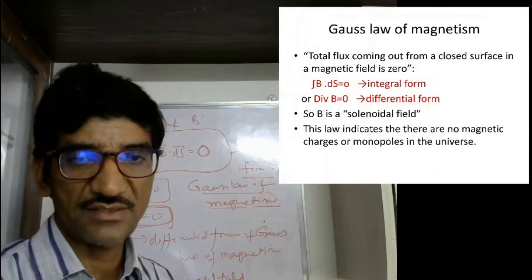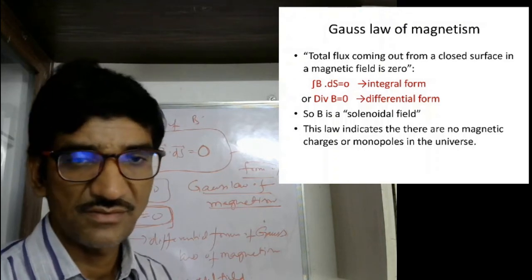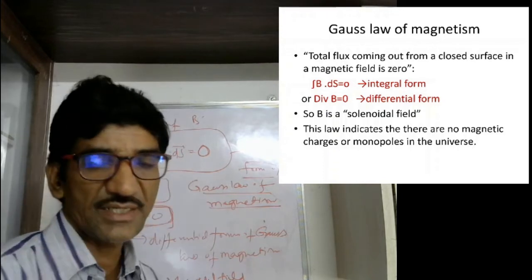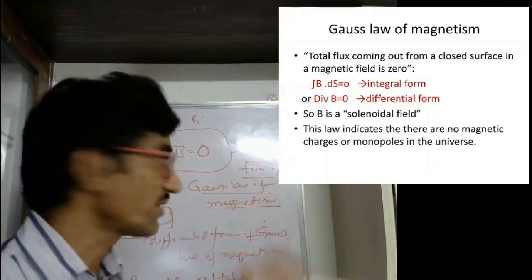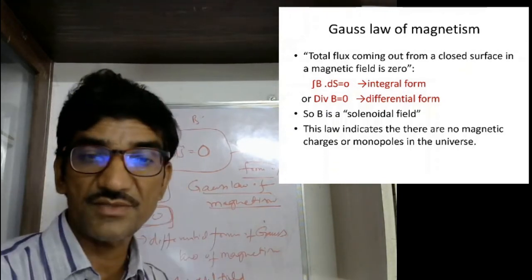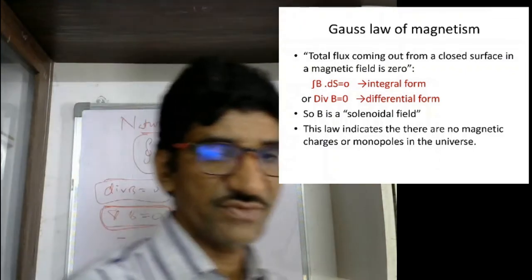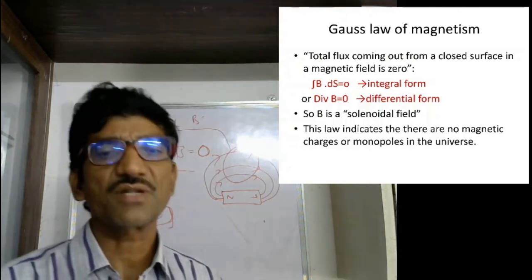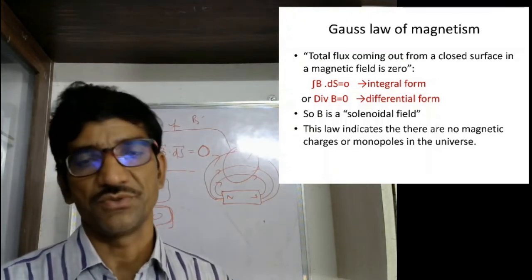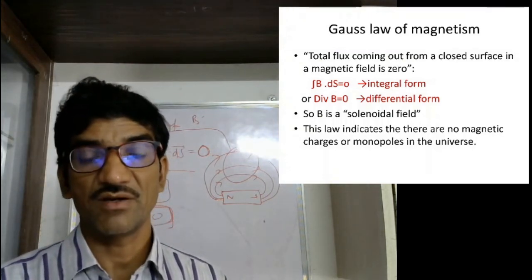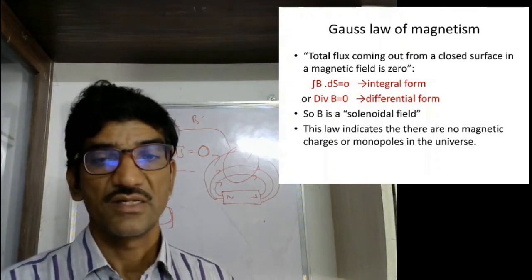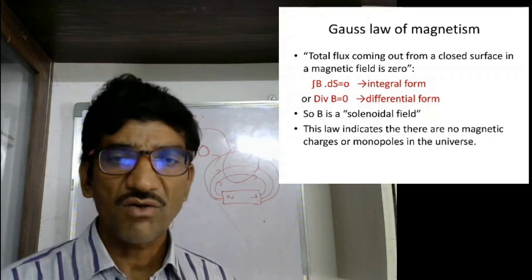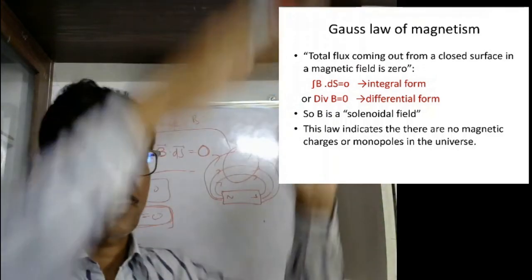What is the meaning of that? You can see this by taking the concept of field lines. Why? Because this is nothing but the flux. For the magnetic field, wherever you take your closed surface, the total flux will be 0. Why? Because these magnetic lines are not discontinuous.